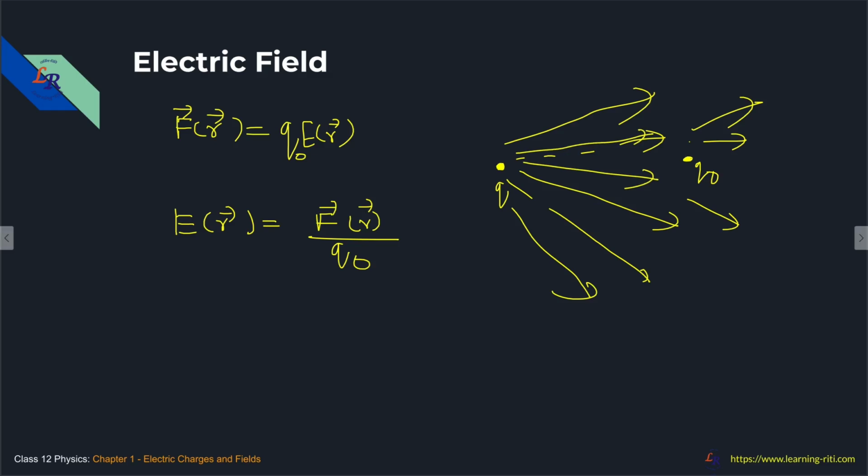But from Coulomb's law, if you bring any charge into the field, the force it experiences from charge Q due to Q0, an equal and opposite force will be experienced by Q due to Q0. So if it experiences a force, then the position of Q may not be fixed. It may vary.